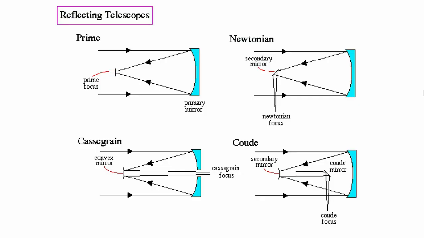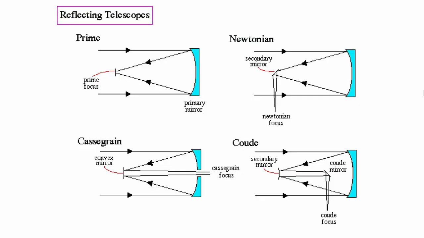And so there's other designs that have been developed so that you can either look through the telescope or put a detector on it. So the Newtonian, named after Newton, you've got your primary mirror reflecting the light coming in, then it gets bounced off of a secondary mirror and off to the side, where you can then put your detector or eyepiece. Cassegrain.